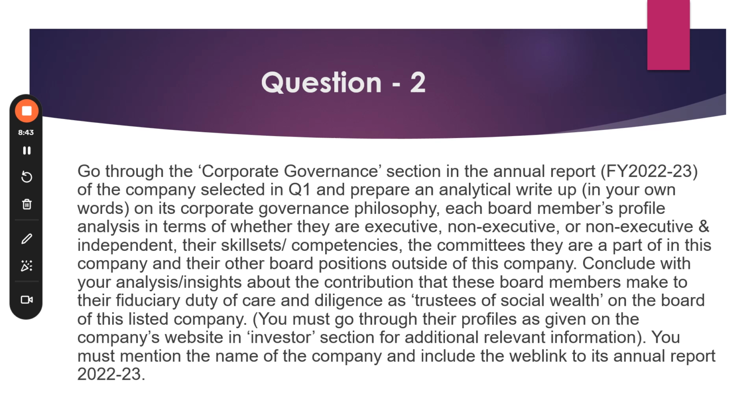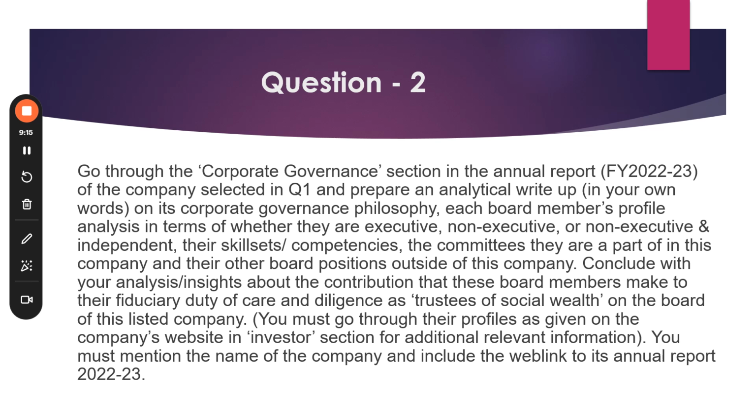Moving on to the second question. It says: go through the corporate governance section in the annual report for financial year 2022-23 of the company selected in question 1 and prepare an analytical write-up in your own words on its corporate governance philosophy, each board member's profile analysis in terms of whether they are executive, non-executive or independent, their skill sets, competencies, the committees they are a part of in the company, and their other board positions outside this company.